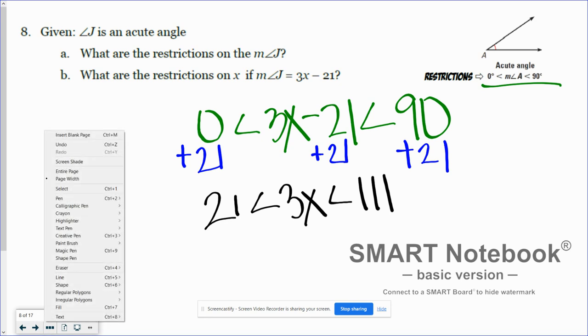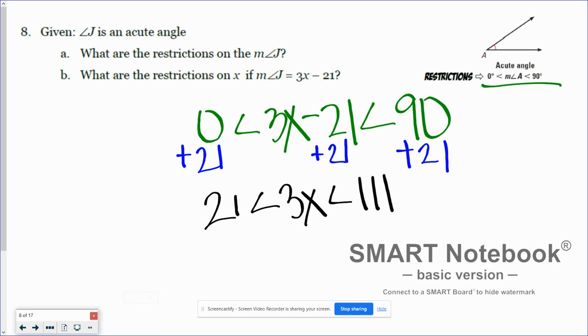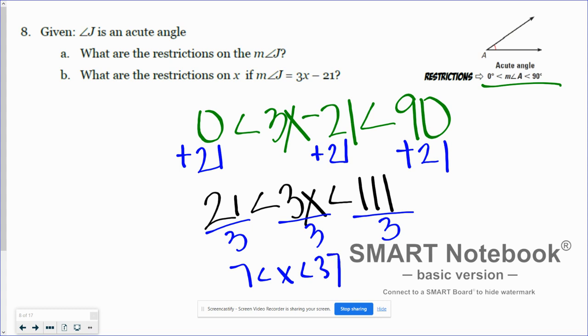Then the next thing I have to do is divide everything by 3 to get x all by itself. And then I'll get the restrictions on x, which is what the problem asked for. So we're looking at 7 is less than x is less than 37. And those are the restrictions on x.